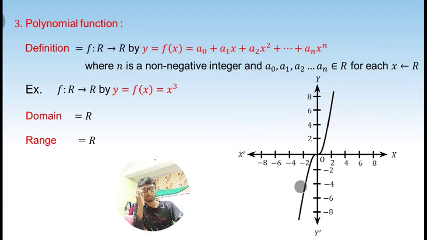Polynomial function graph will look like this. In this, what is happening? y is equal to a0 plus a1 x plus a2 x square and so on up to an x to the power n, where n is a non-negative integer, and a0, a1, a2, up to an are constants.